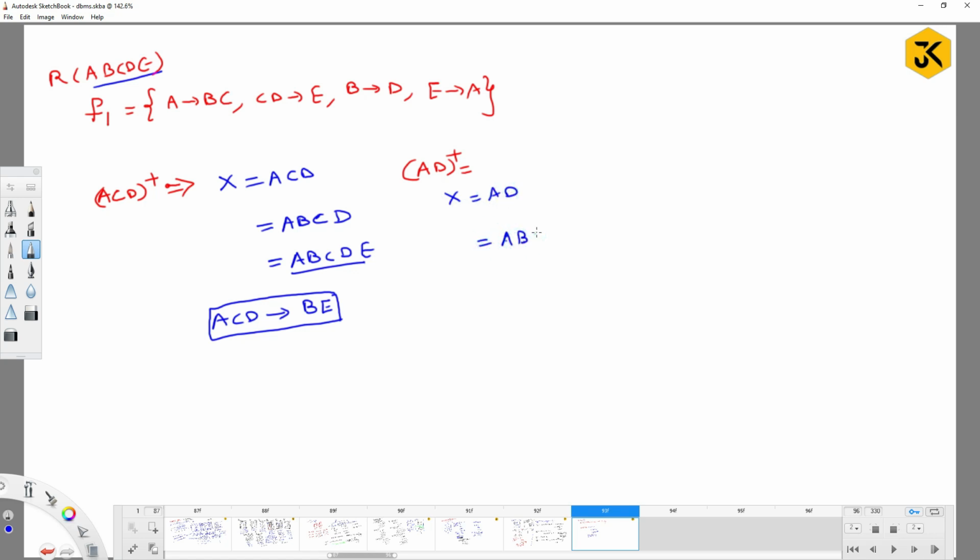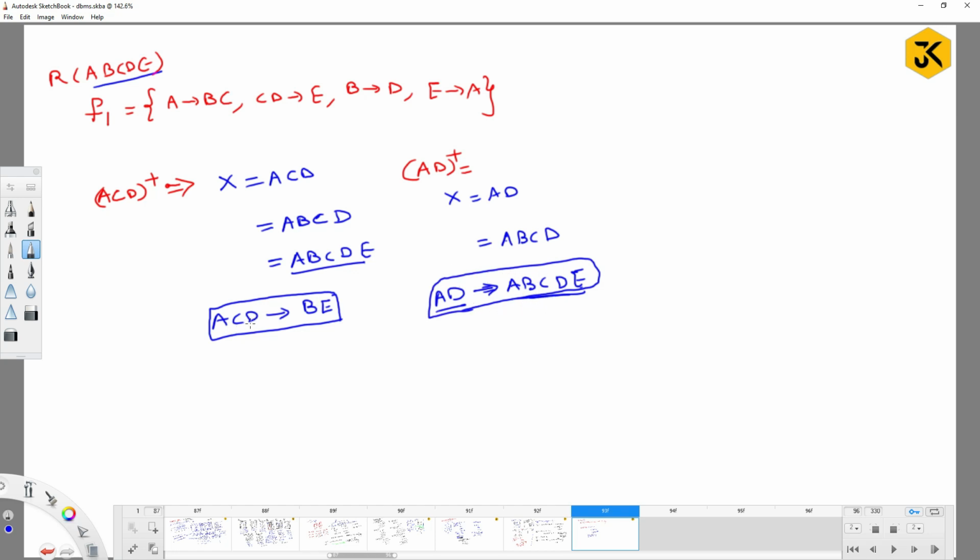A determines BCD, CD determines E, C determines C. See guys, if you observe, it has covered everything. The meaning of this is, if I give AD, it can determine the entire set of columns, the set of all the attributes.